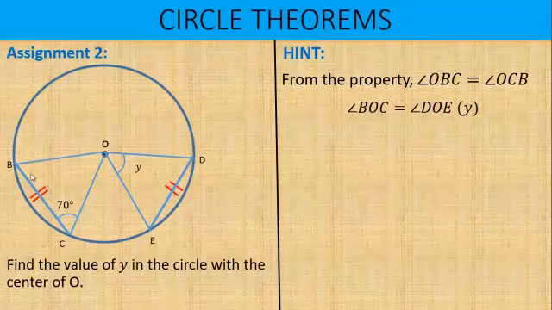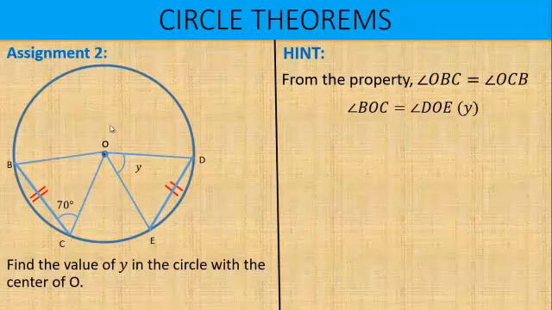So if we know that angle OBC is equal to angle OCB, then we can probably find angle BOC as it is a triangle.